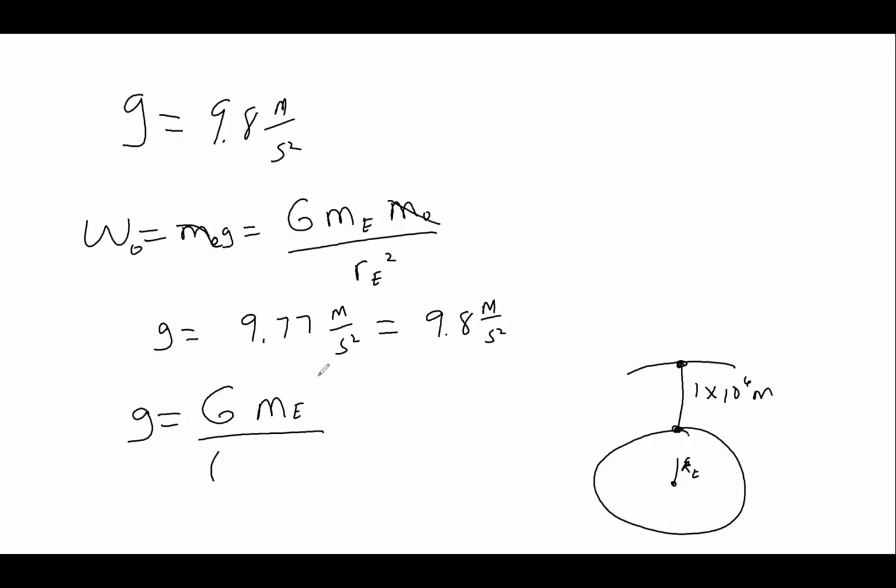So we have 6.38 plus 1, so we have 7.38, times 10 to the 6. And then this number has to be squared. Radius of the Earth squared.